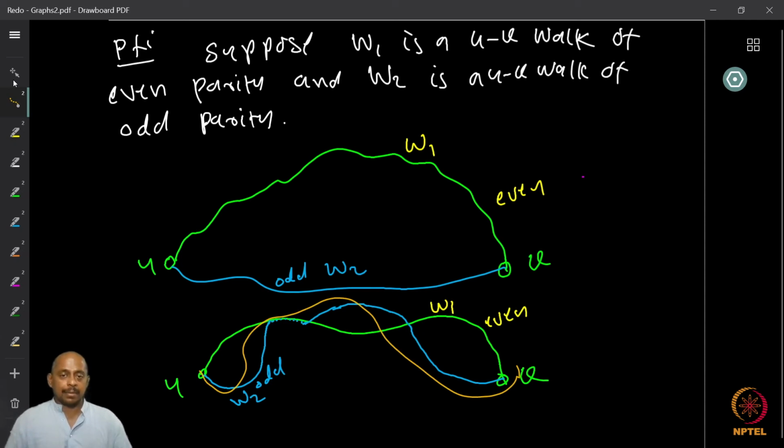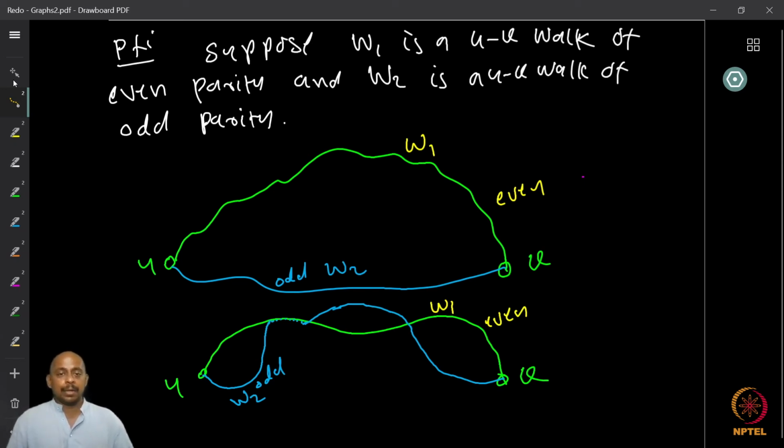It doesn't matter. Whatever it is, I look at this walk from U to U itself. Now this walk is a join of two walks W1 and W2, so the length of this walk is the sum of the lengths. So it is basically an odd length closed walk. So I get a closed walk of odd length.